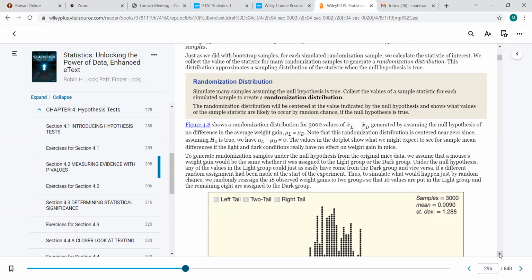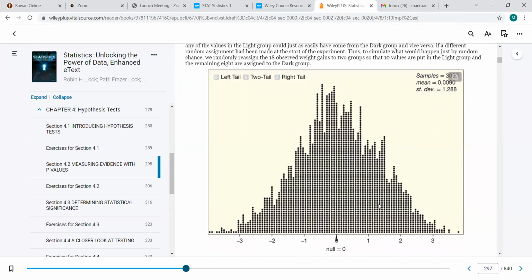So if it's negative, it means that the dark group's average body mass gain is bigger than the light group's, because these numbers down here are the light average minus the dark average. So if it's negative, that means the dark average is bigger. Anything that's positive means that the light average is bigger than the dark average. Okay.